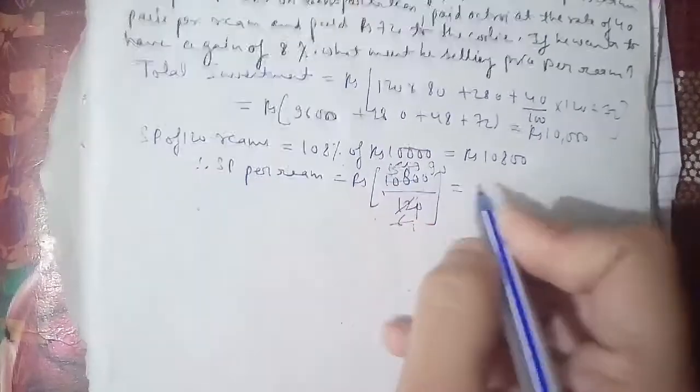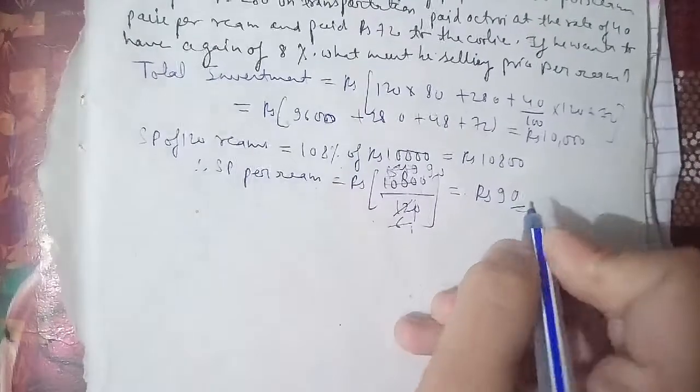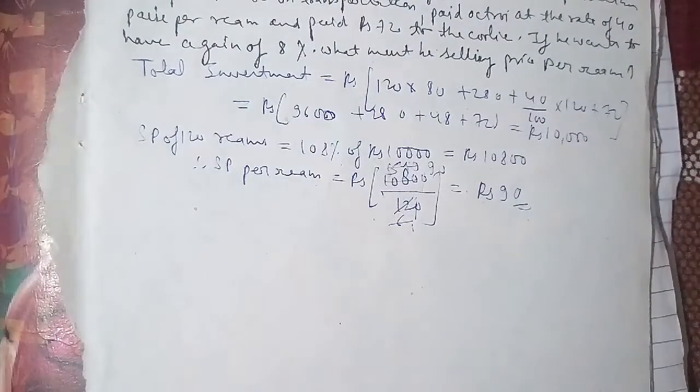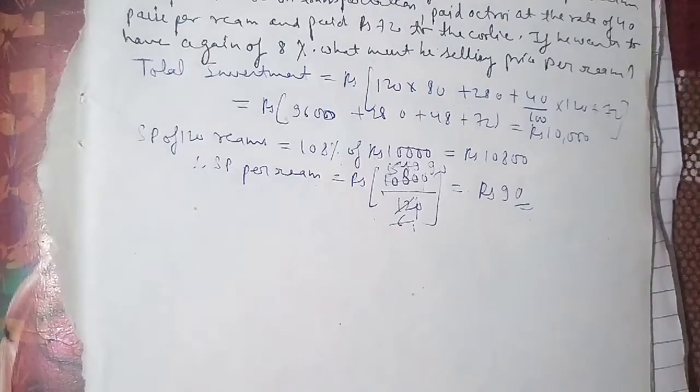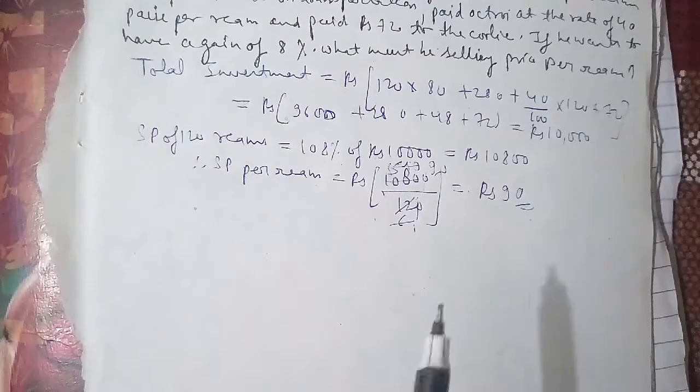Now we go ahead to the next question, the 48th question of the session. The question is: a person bought 20 liters of milk at the rate of rupees 8 per liter. He got it churned after spending rupees 10, and 5 kg of cream and 20 liters of toned milk were obtained.